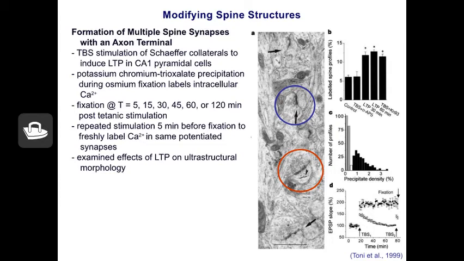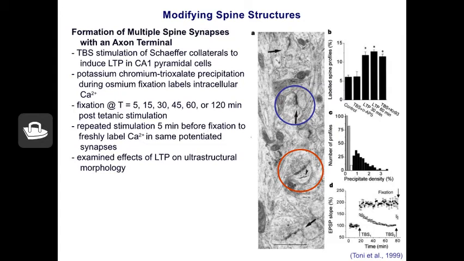The second stimulation would activate exactly the same spines again, and in those specific spines would incur release of calcium from the endoplasmic reticulum. If they then precipitated the calcium in the tissue, the calcium markers indicate which spines were affected by the first round of theta burst stimulation. Okay, have you got it?